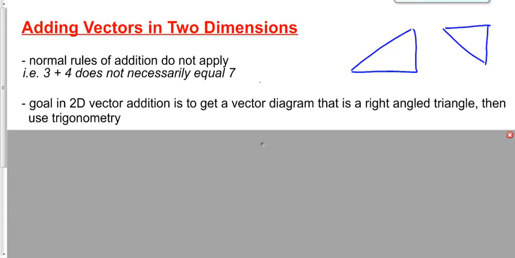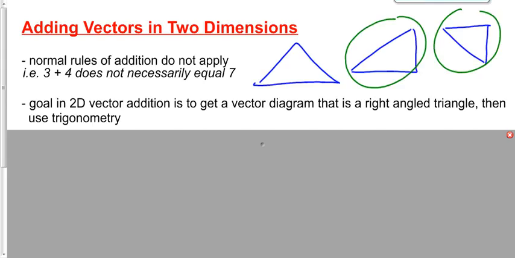We don't want a triangle that looks like this. It's a triangle, but it's not a right-angled triangle. The goal is to get a vector diagram, and I'll explain what that means in a second, that is a right-angled triangle. And then, once we have this or this, we use a little bit of trigonometry, which you definitely learned in grade 10, I think it was.